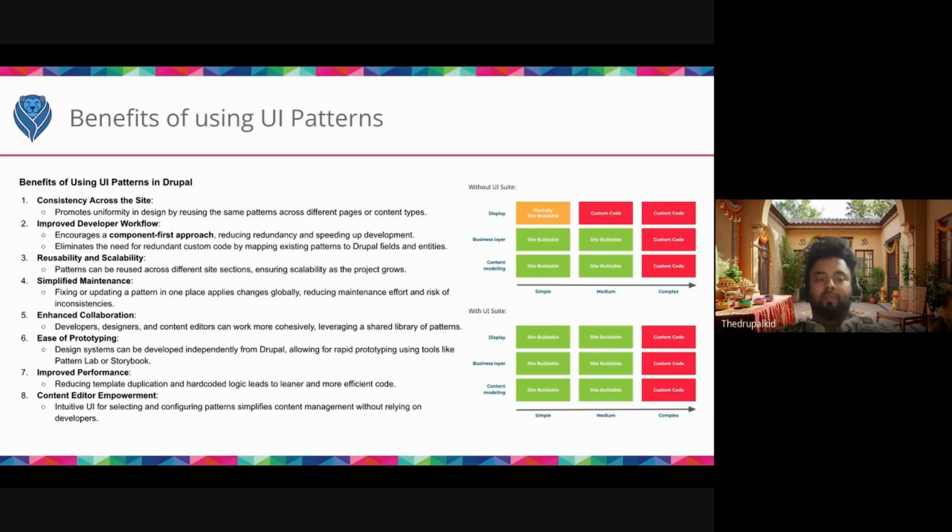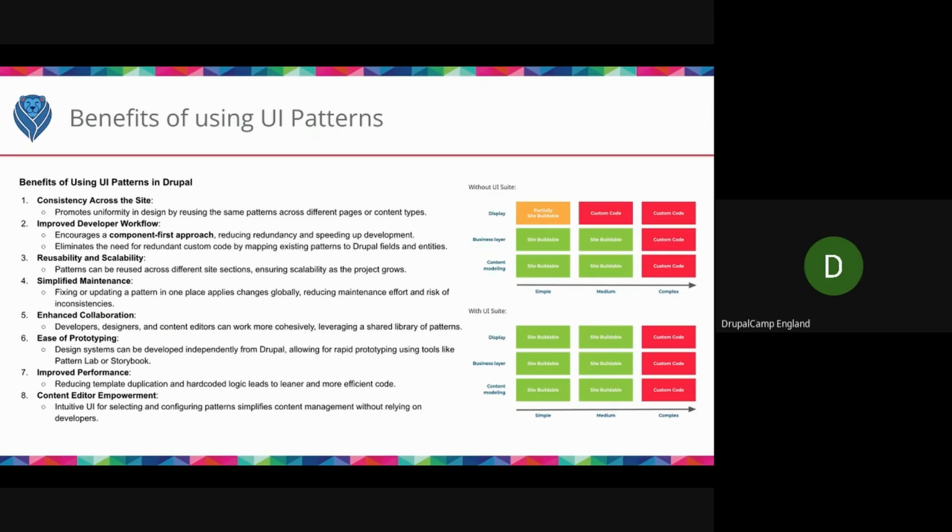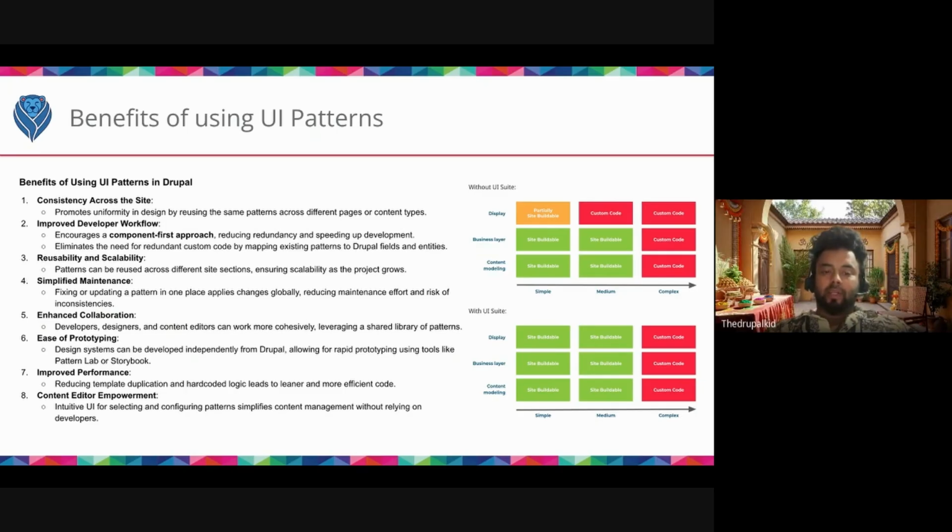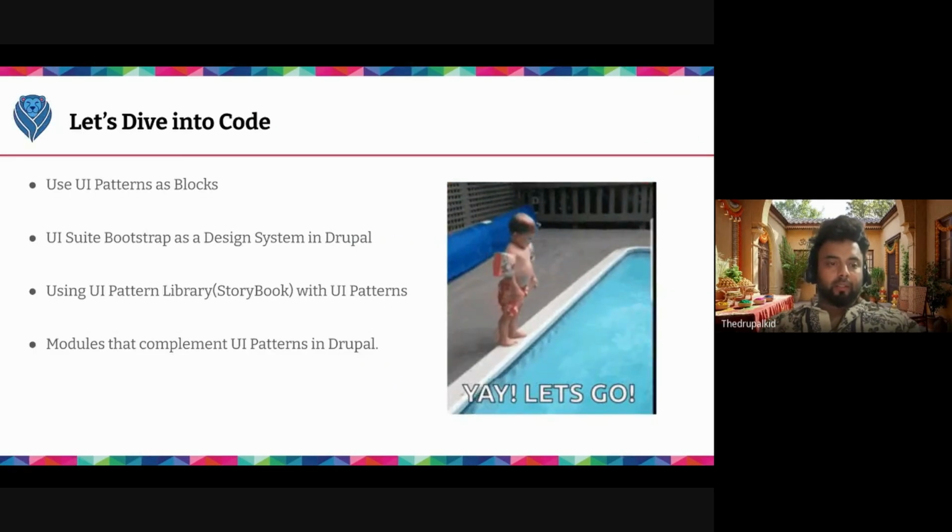Performance-wise it will also be better, because you will not be creating 10 different components for the same component; it can have 10 different variations if you need, right? You should not create 10 different components, because it will impact your performance by the end of the day. So it's always good to use UI Patterns.